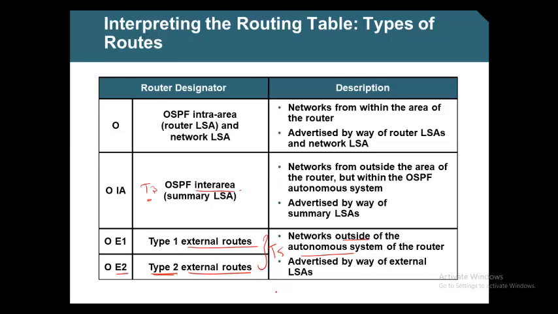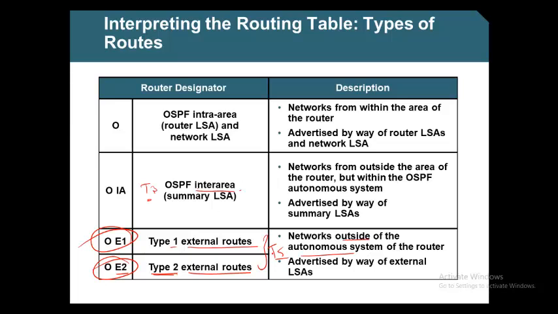And when it enters, the path metrics are not added by default, that is E2. But when I say metric type 1, then it becomes E1 for the same type 5. All right, so type 5 LSA information is E2 and E1.